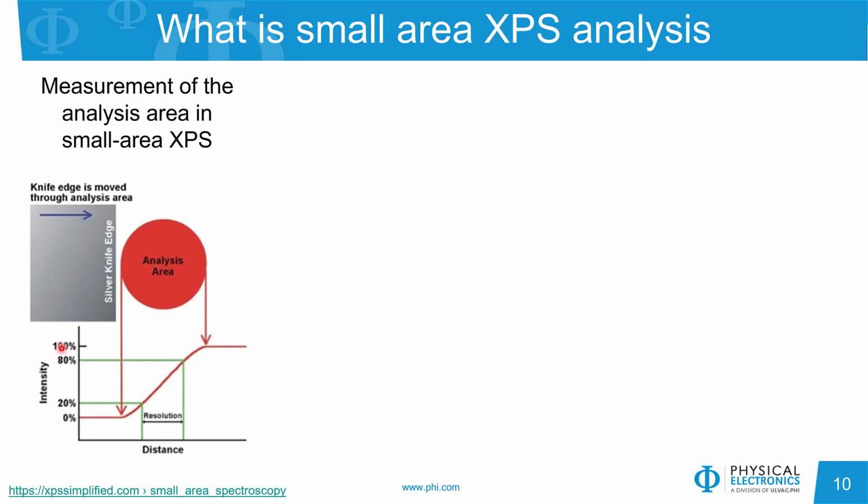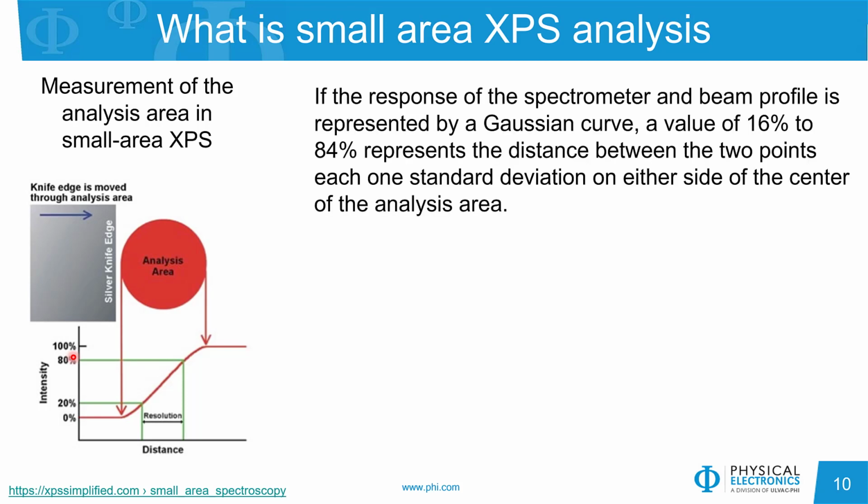And now from this intensity-distance plot, we can use different statistical ways to determine what the analysis area is. Different manufacturers use different approaches, but if you think of the statistics of the sigma approach, if the response of the spectrometer and beam profile is represented by a Gaussian curve, then one standard deviation from the center of the analysis area will capture between 16 and 84% of the signal.